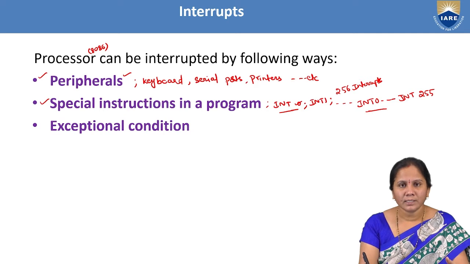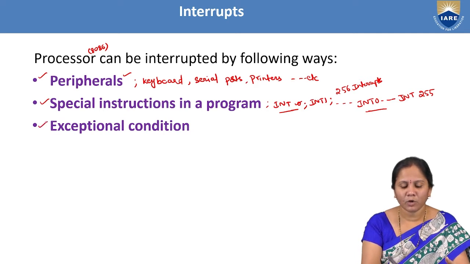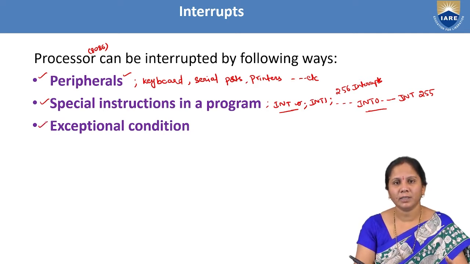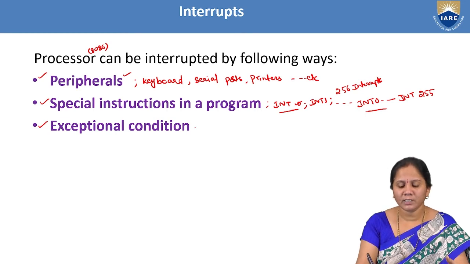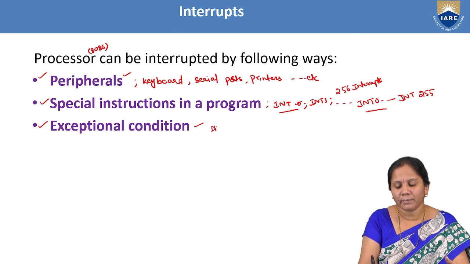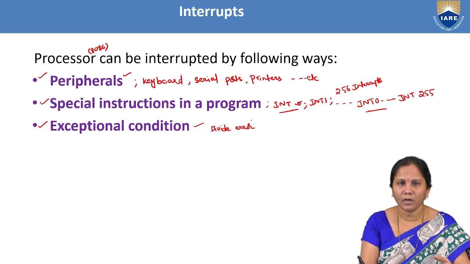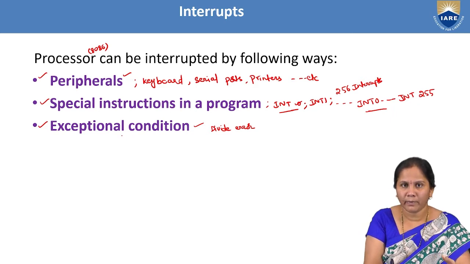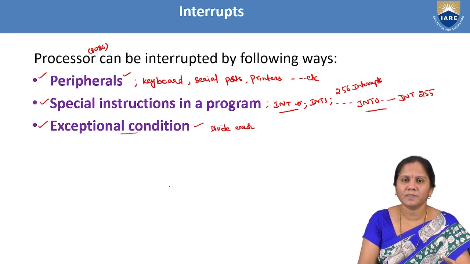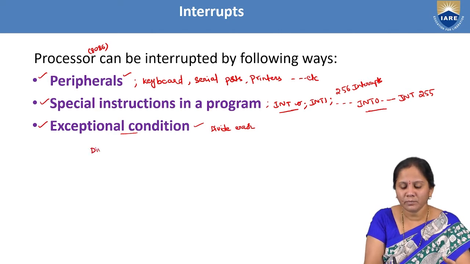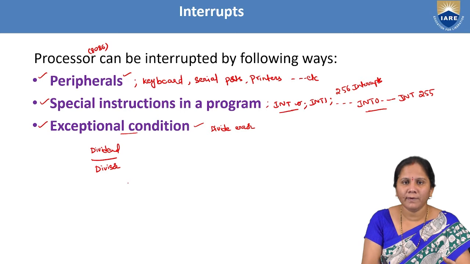The third case is that an interrupt may also happen because of some exceptional condition in the program. Some of the exceptional conditions we can take, like divide error. During a division operation, you have to select the value of dividend and divisor.